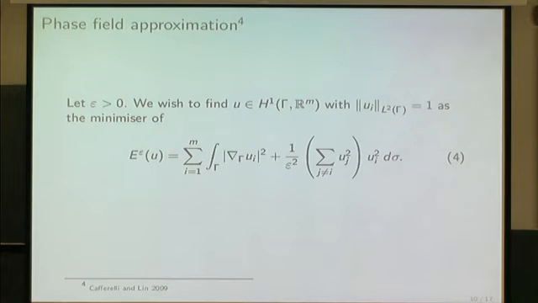So now we have quite a nice energy that we can try and compute with. Still a slightly funny constraint, a slightly funny nonlinearity, but things should be a lot better.